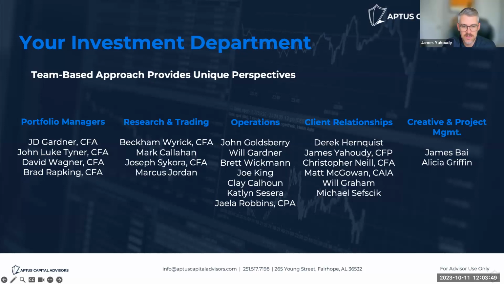So in the grand scheme of things, certainly more of a boutique shop. What we like to call our strategic relationships is basically your investment department. So we have a team of 8 CFAs to hopefully be an extension of your team to think through markets, think through portfolio construction, and ultimately be a resource to more or less institutionalize what you've built out for your clients from an investment perspective.